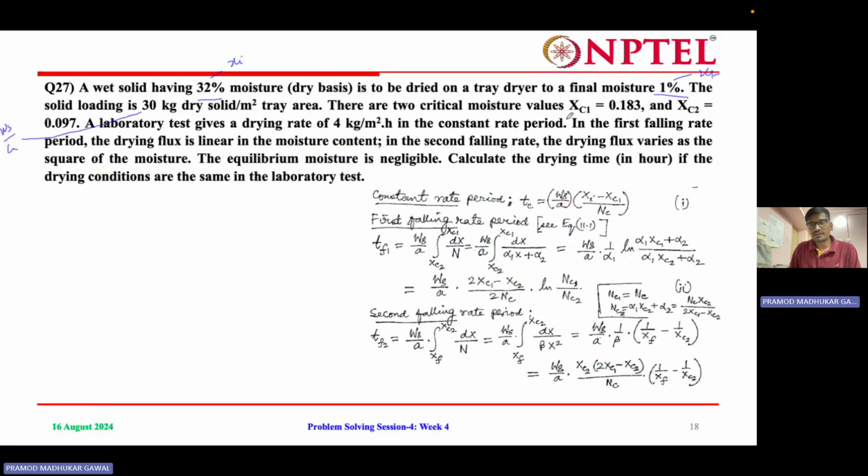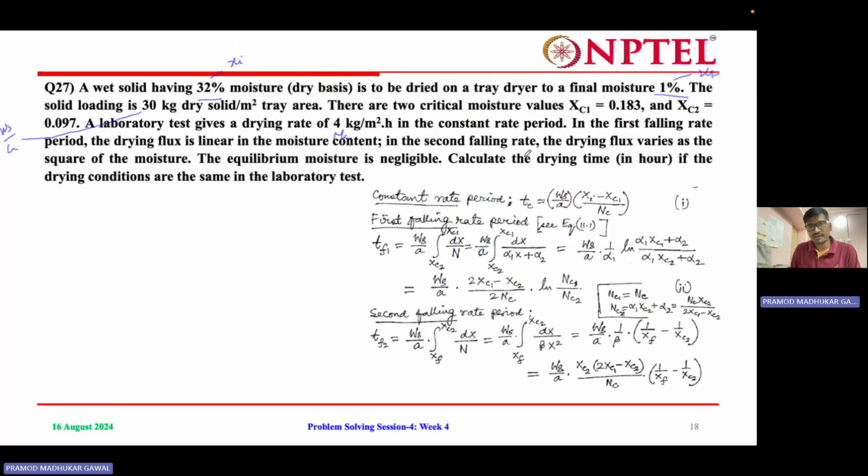There are two critical moisture values given: Xc1 is equal to 0.183 and Xc2 is 0.097. So the first falling rate period and the second falling rate period both have to be applied. The laboratory test gives a drying rate of 4 kg per meter square per hour. This is NC, in the constant rate period. In the first falling rate period, the drying flux NC is linear with the moisture content.